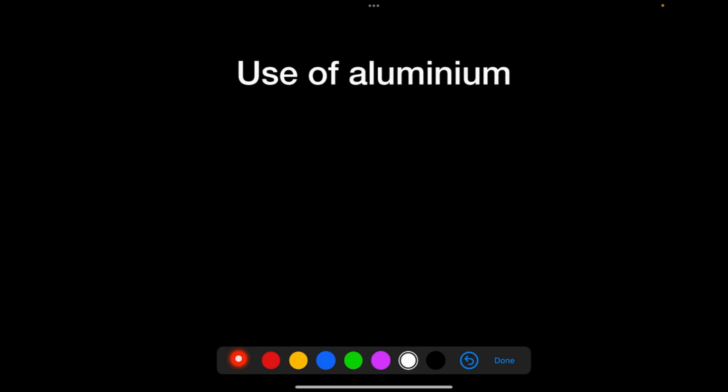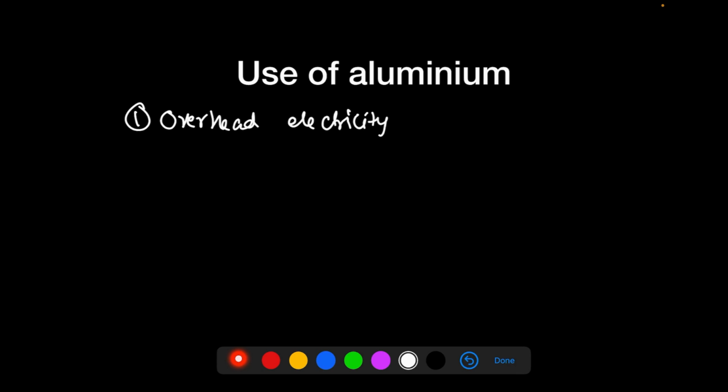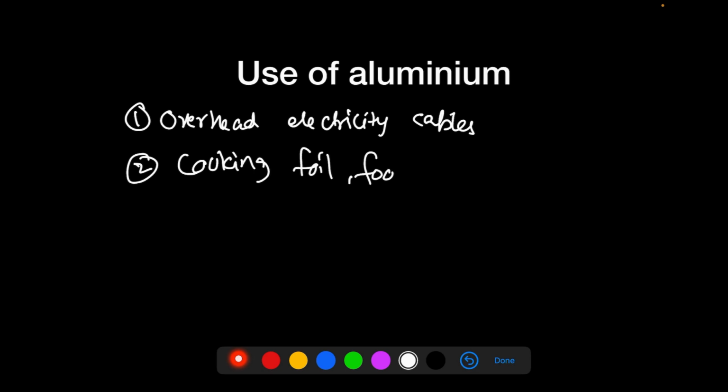Now we look at uses of aluminium. The first use is overhead electricity cables. That is because it is a good conductor of electricity, it has low density, it is ductile, and it resists corrosion. Second use is cooking foil, food containers, and drink cans.